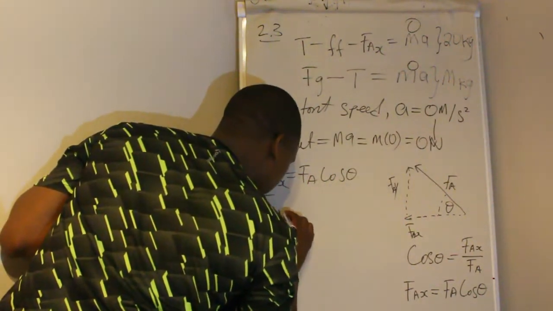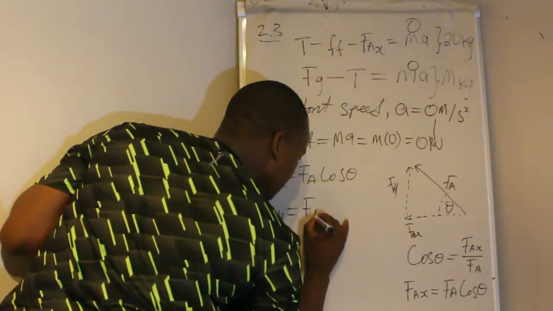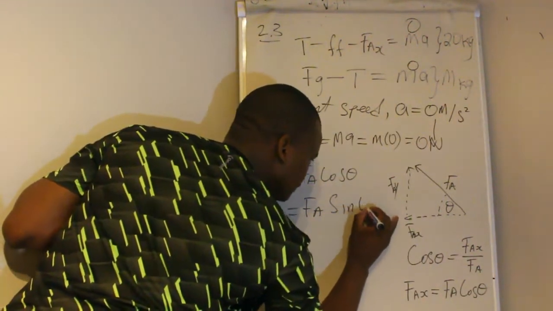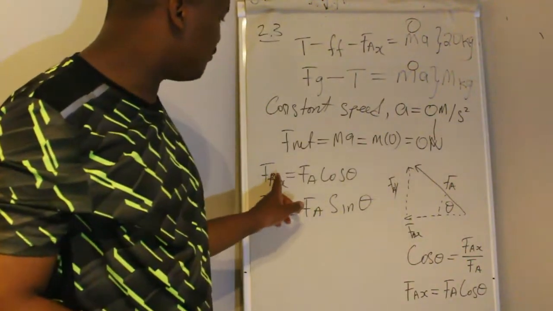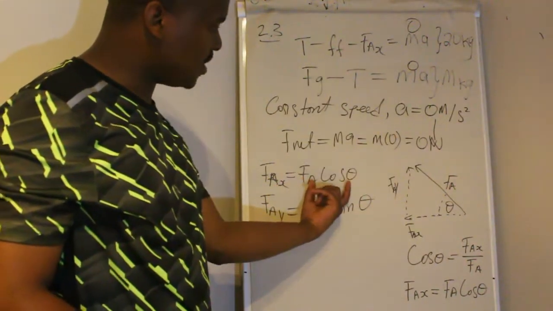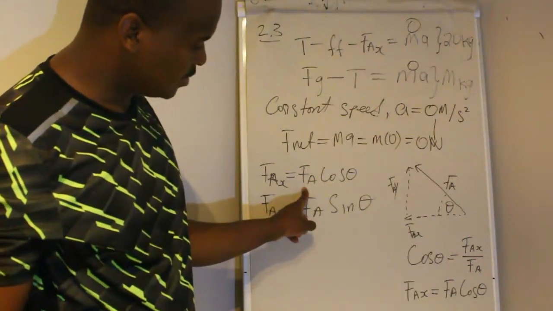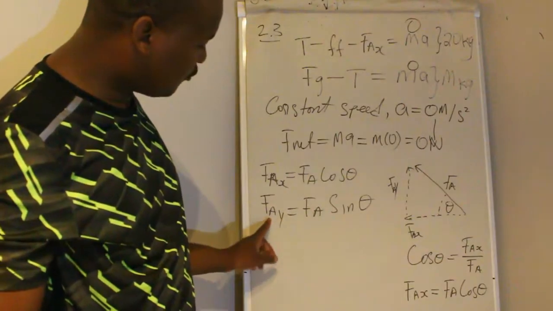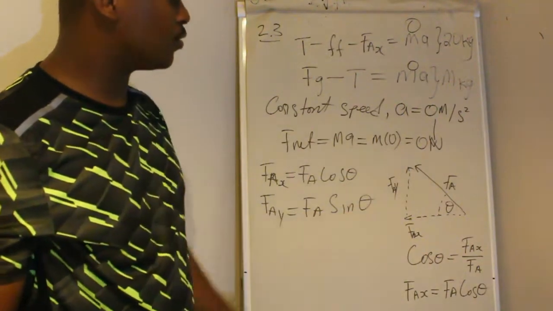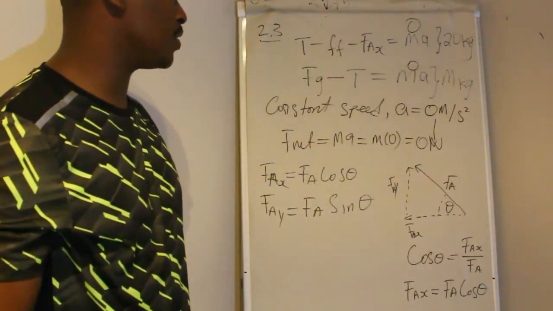Fay is equal to Fa sin theta. So when you're performing the calculation and you have used Fx, this is what you put in the place of Fx. So you have the force applied, you have the angle with the horizontal. Same thing, if you want to use this, this is how you do it.